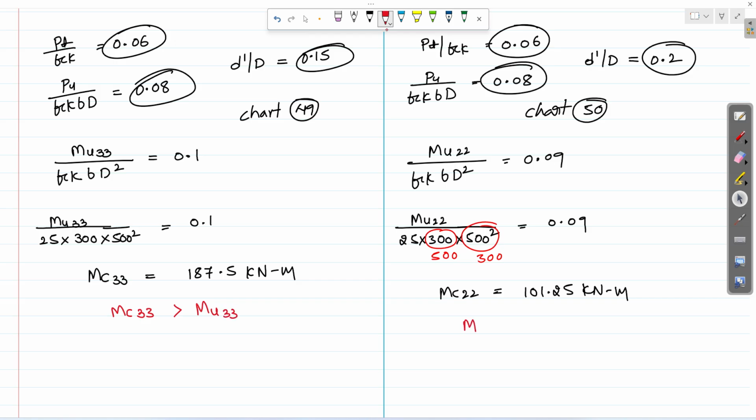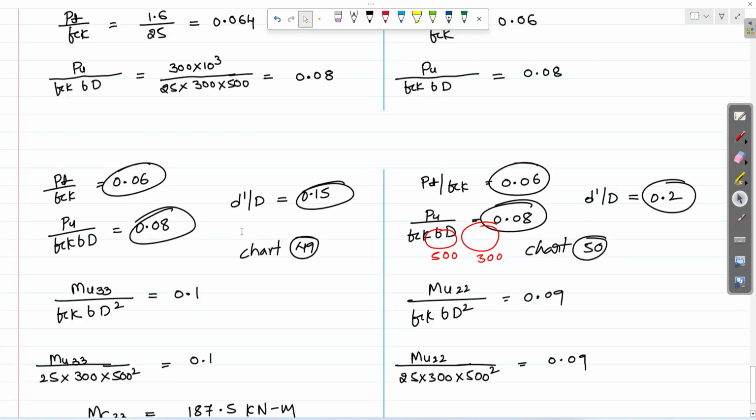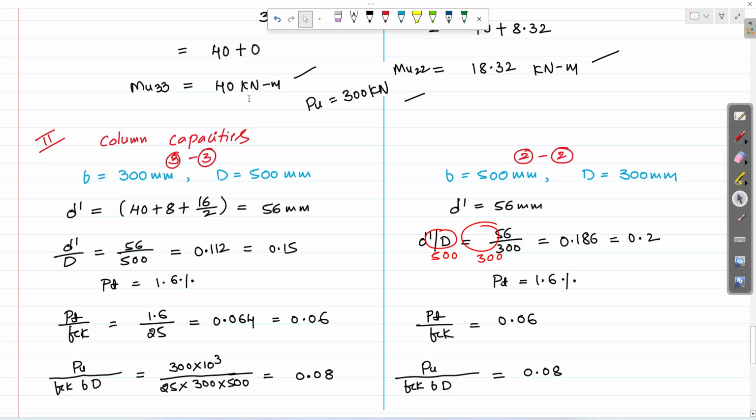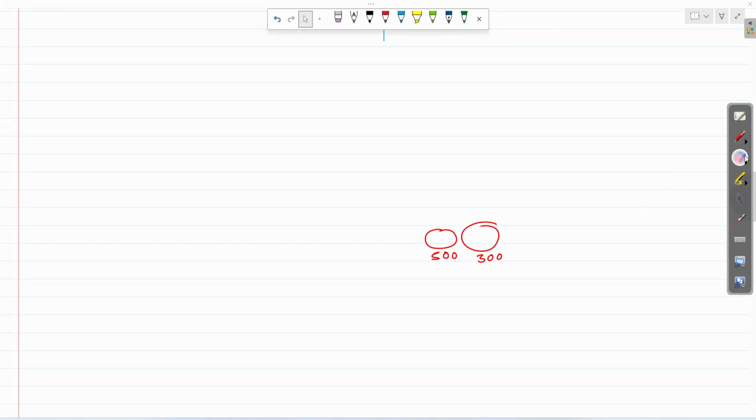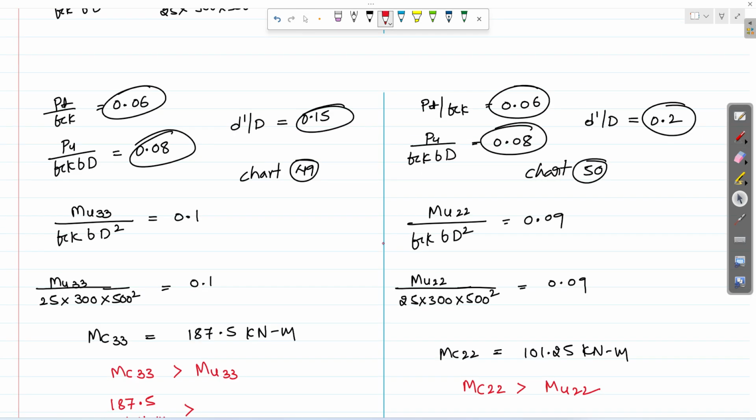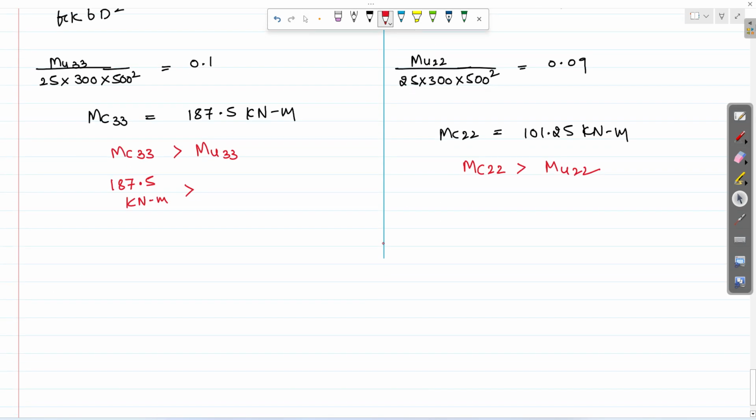If you observe these values, MC33 is greater than Mu33, and MC22 is greater than Mu22. MC33 is 187.5 kilonewton meter, which is greater than Mu33. The design moment along the 33 direction is 40 kilonewton meter.